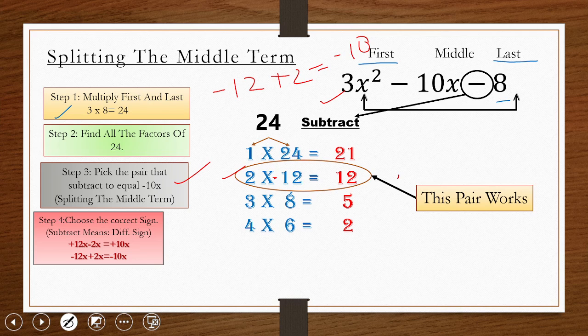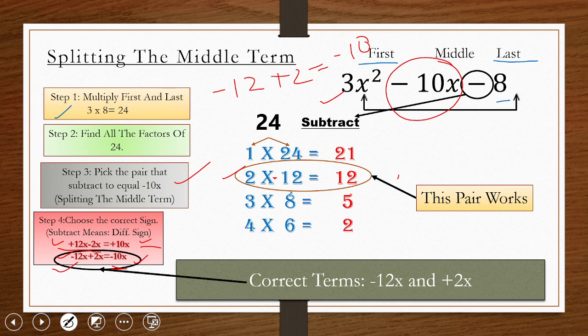It can be written like this: plus 12x minus 2x is 10x, and minus 12 plus 2 is minus 10. Different sign, look here children, different sign, minus sign. So we will take 12x minus 2x, and this will be the correct term.